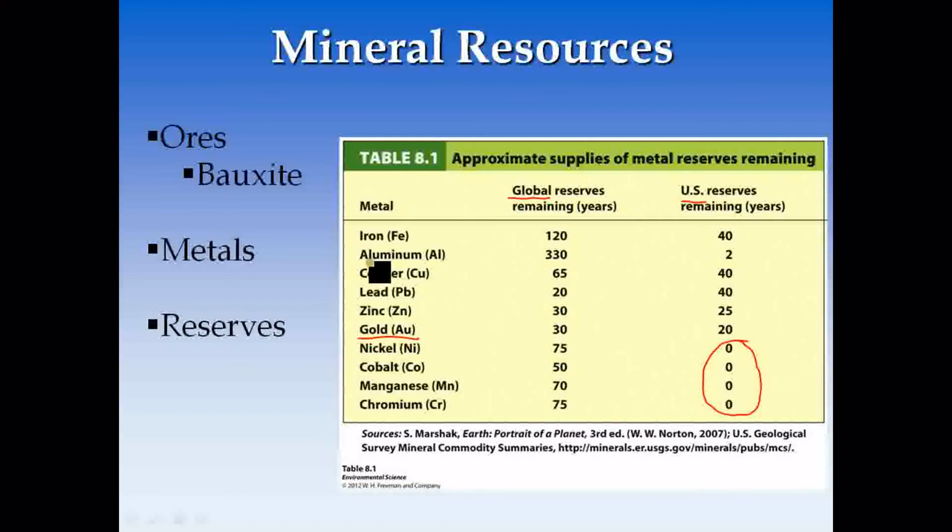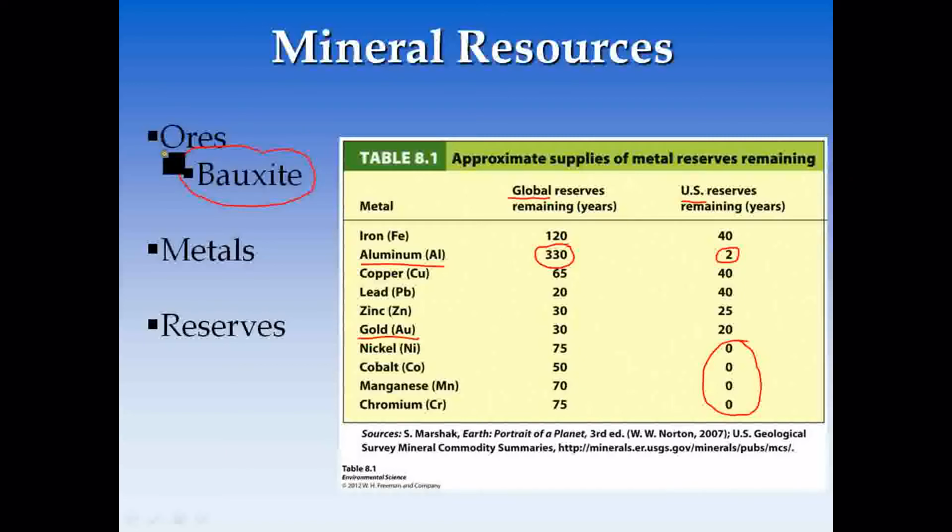You can see why we use a lot of aluminum because there's plenty of it available, and you can also see why here in the United States we are big on recycling aluminum, because we don't have a lot of aluminum in our part of the Earth's crust. But we will mine for something called bauxite, and this is another one of those words that's been on the AP exam before.